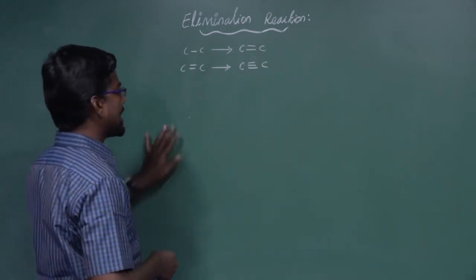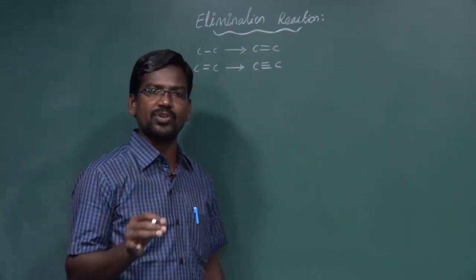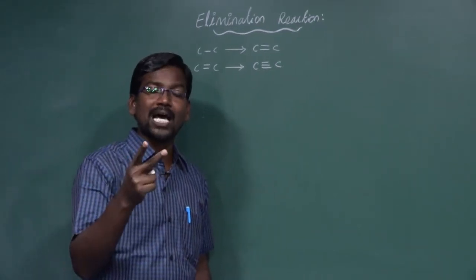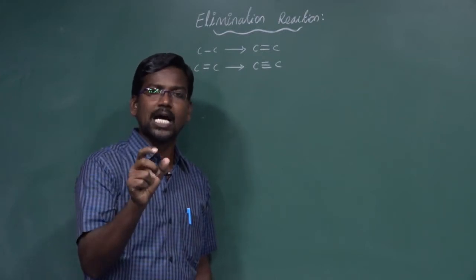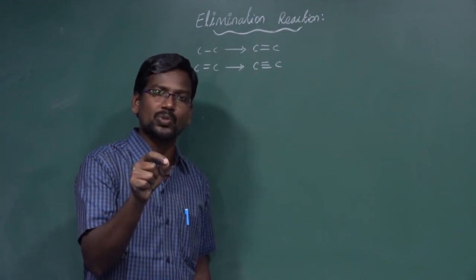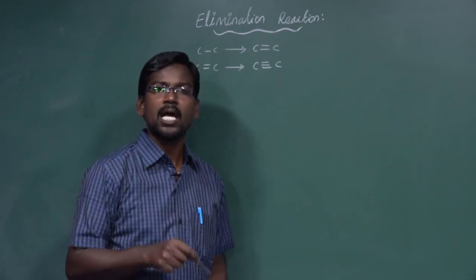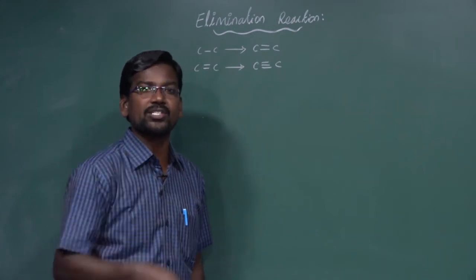This process is known as an elimination reaction. So what is the meaning of elimination? It is the reaction in which two substituents are eliminated from the molecule, and a double bond is created between the adjacent carbon atoms. Elimination is always accompanied by a change in hybridization.